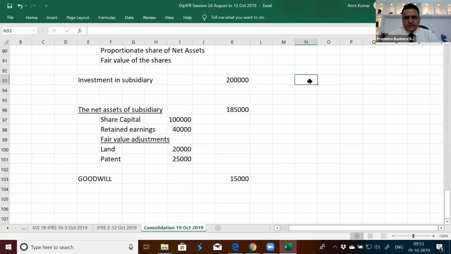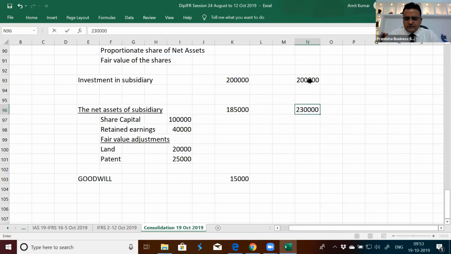Going with Akash's version, investment of 200,000, and if the net assets are suppose 230,000, there's a minus 30,000 goodwill. This is known as negative goodwill. This would have been directly shown as a gain in the P&L account.